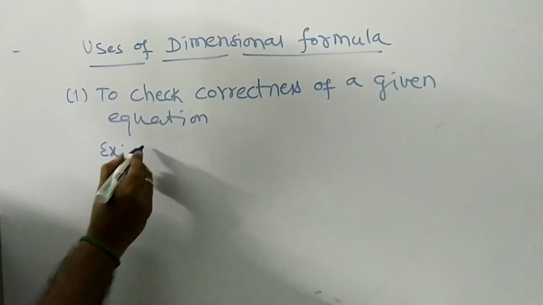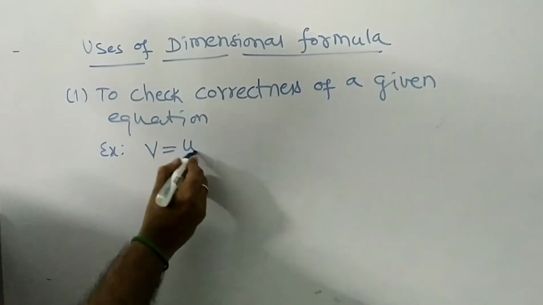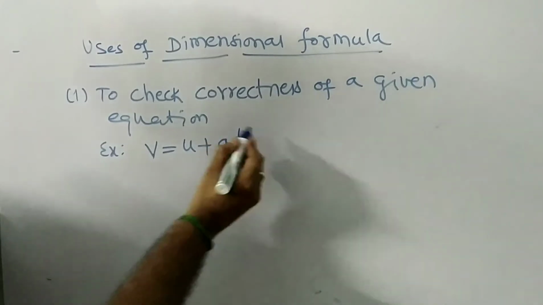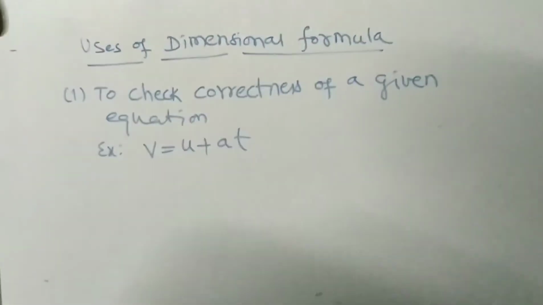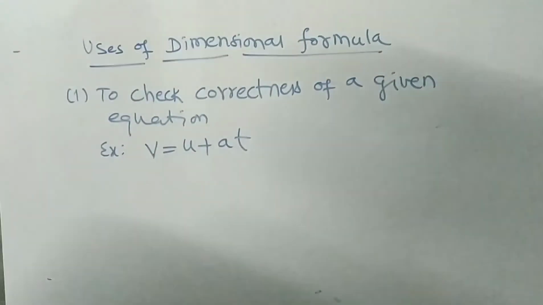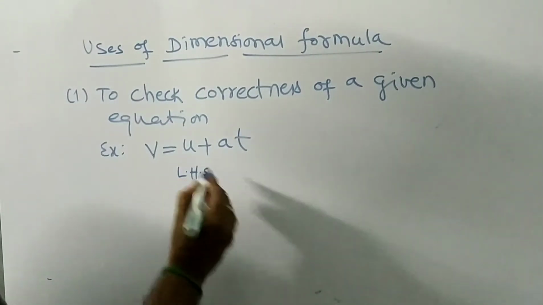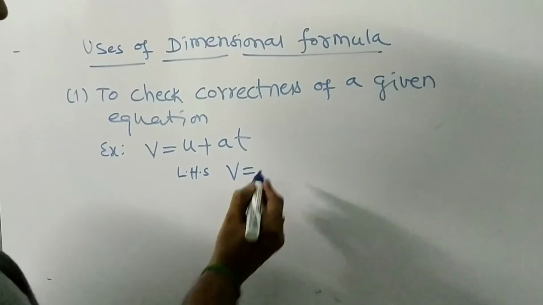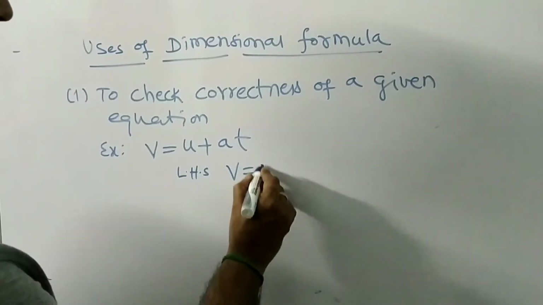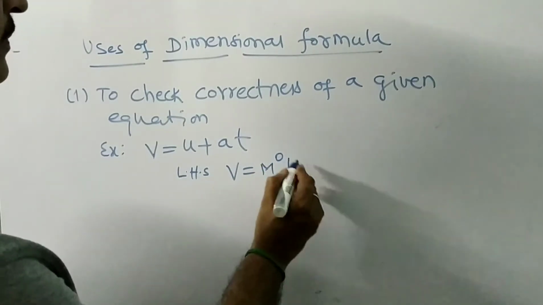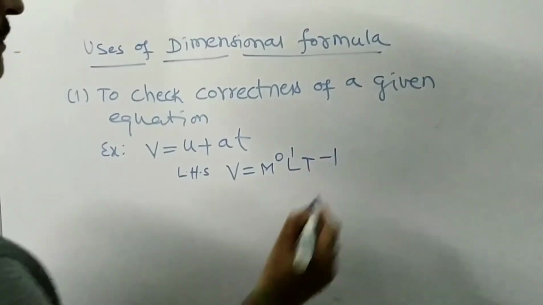We want to check the famous equation of motion, v is equal to u plus at, whether this equation is correct or not. We take the left hand side. We have velocity, which is final velocity. Dimensional formula is M to the power of 0, L to the power of 1, T to the power of minus 1.